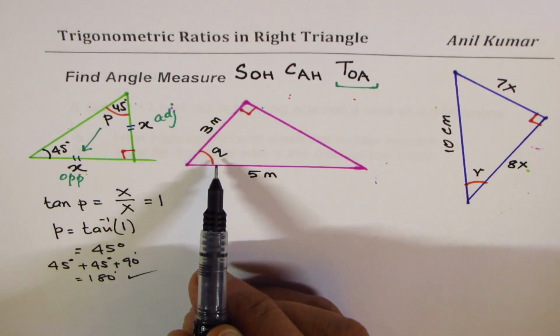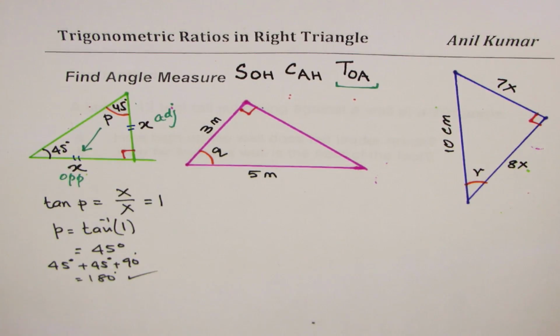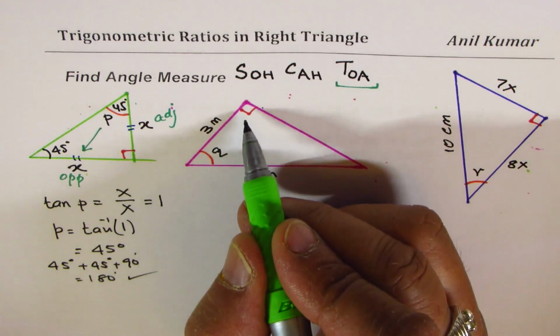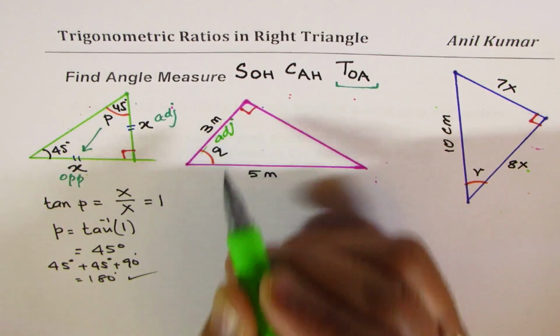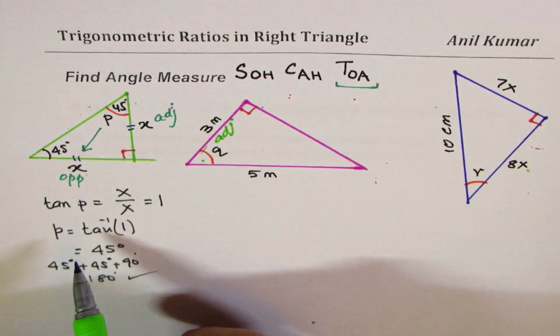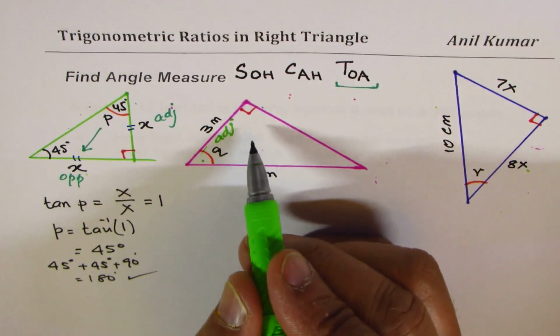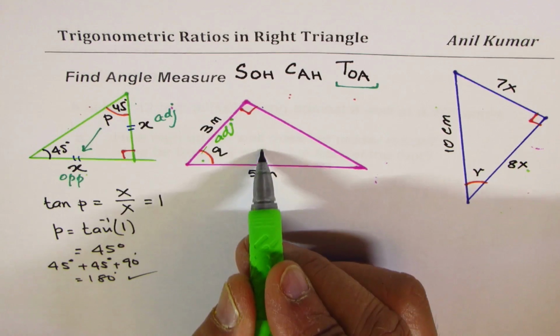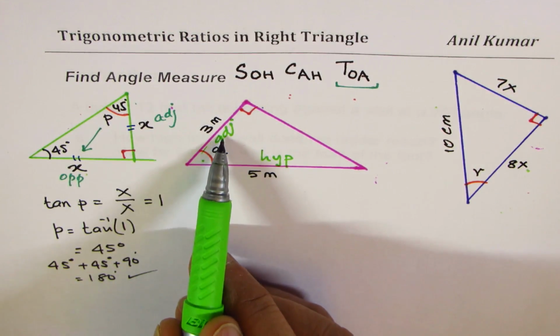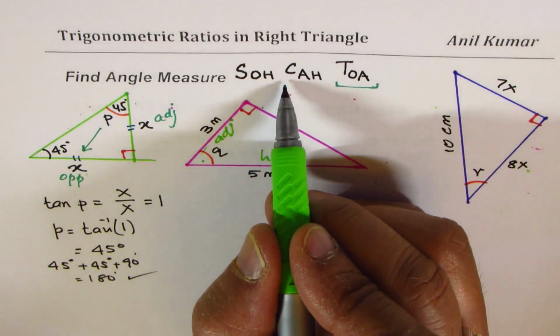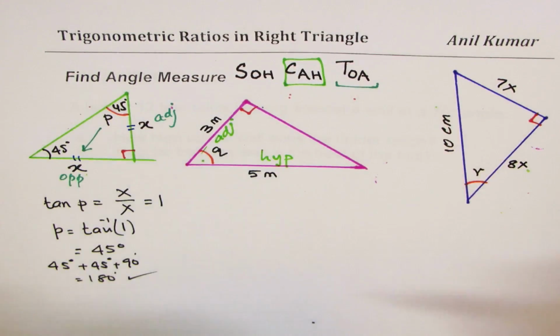Now here we need to measure angle Q. What are we given? If you look at this side, which is the adjacent side, since the angle is 90 degrees, is that clear? And this one is the longest side, which is the hypotenuse. So if you have the ratio of adjacent and hypotenuse, you're looking at cosine, correct?